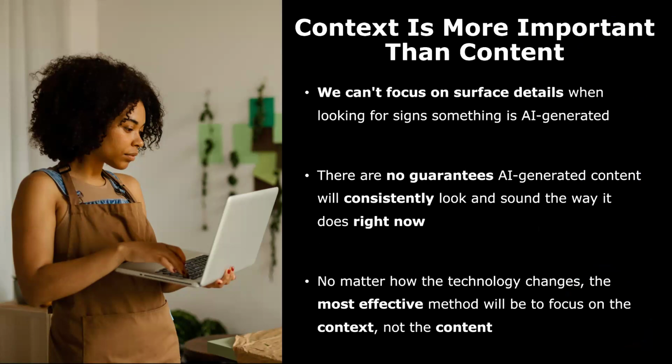However, seeing the capabilities of generative AI literally change around me as I was learning about them made me realize a different approach was needed. While I can tell you all about how AI-generated content looks and sounds right now, there are no guarantees that AI-generated content will consistently look and sound this way, which means that any detection tips based on current knowledge could quickly become out of date.